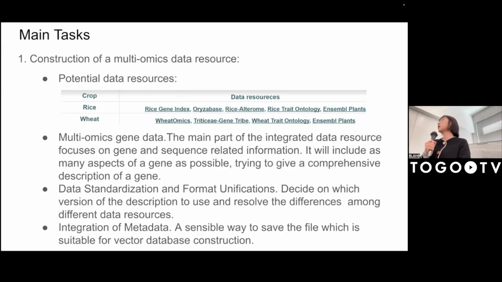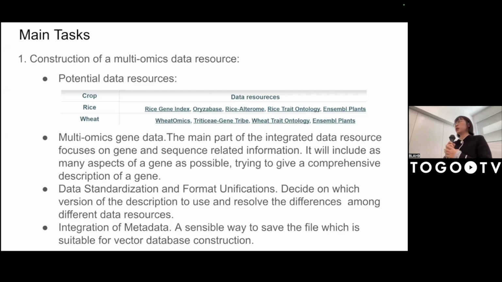The main task of my project, the first step, is to construct multi-omics data from the different resources. And as for my experience, that may be the most important part of my project. Although I have done a lot of research on the databases, I can see they have different formats, different standards to construct their databases, and different types of data.